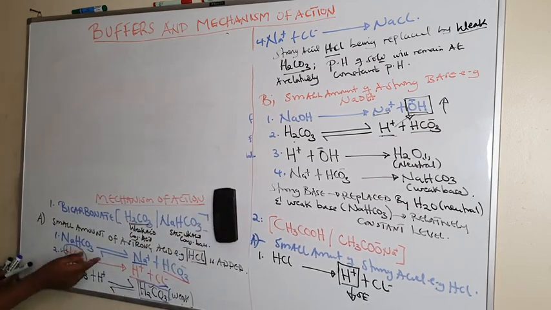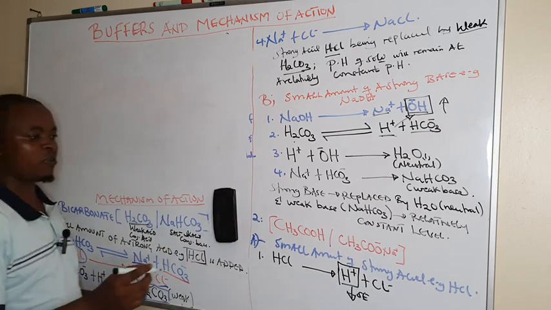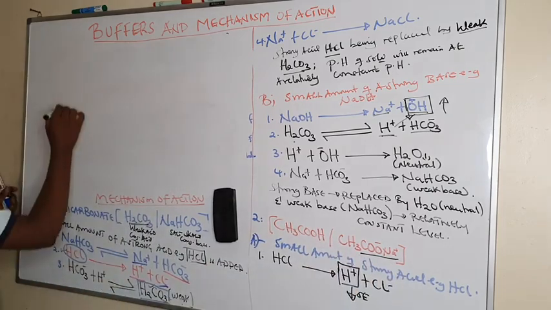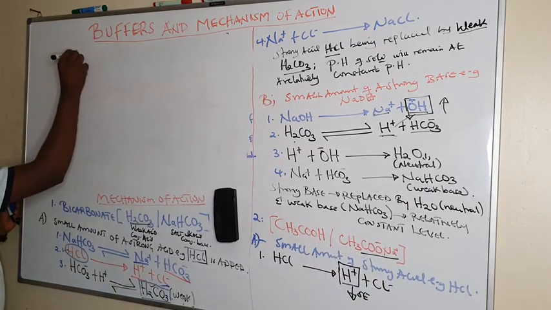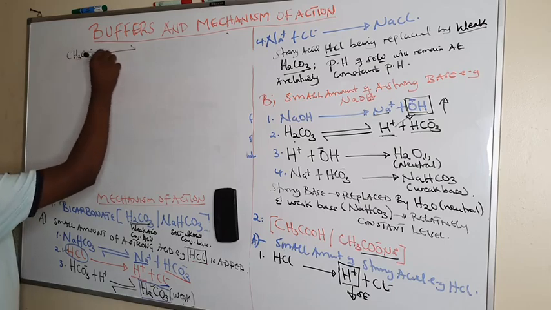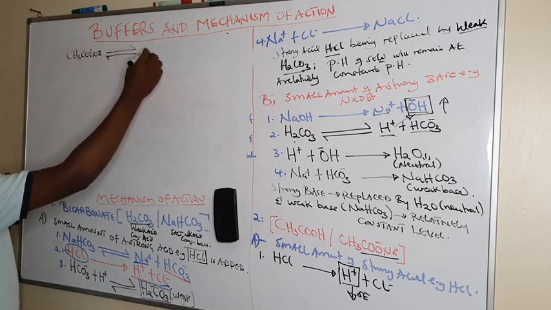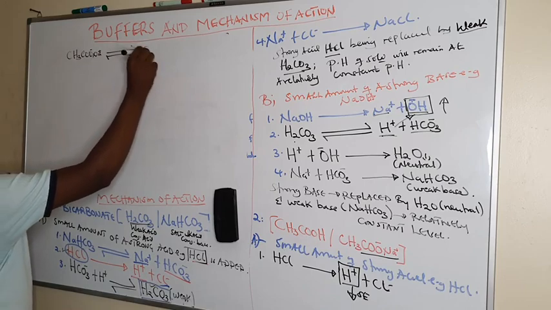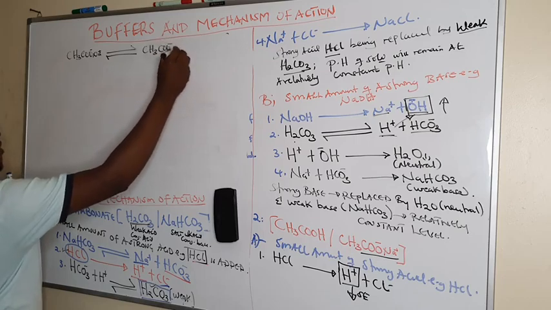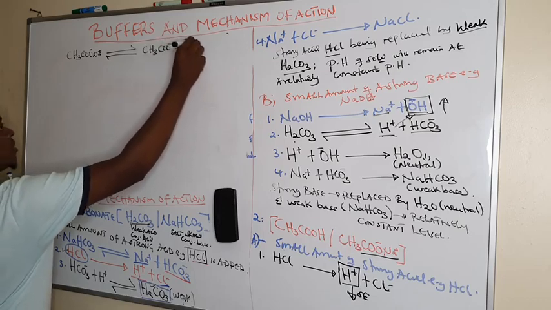And after liberating those hydrogen ions in the buffer, remember we have the conjugate base, which is the sodium ethanoate, which, since it is a weak base, dissociates partially to give the ethanoate plus the sodium ion.